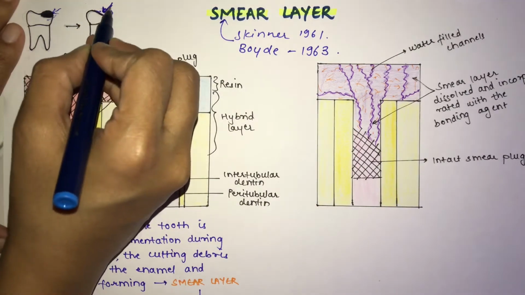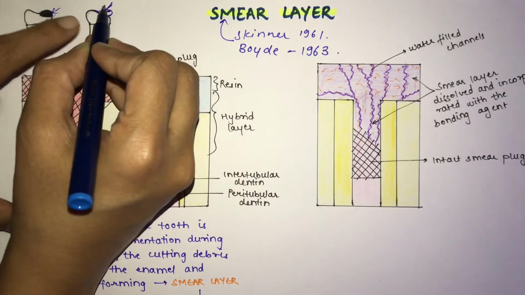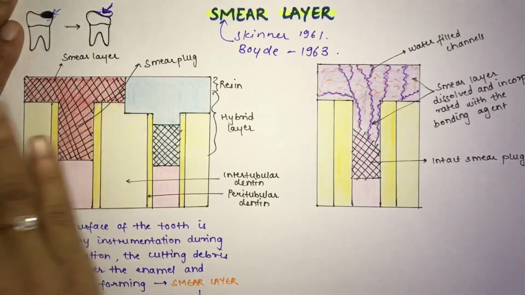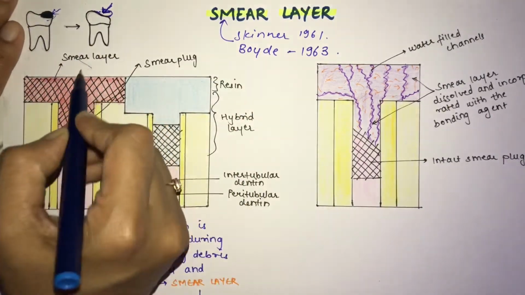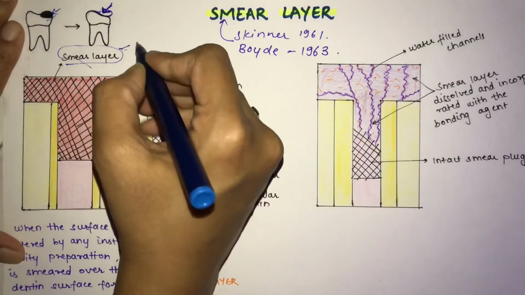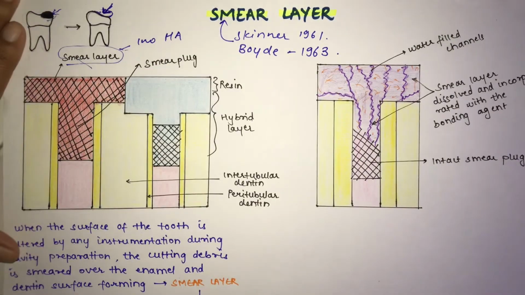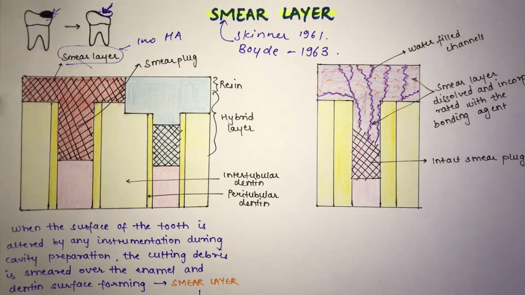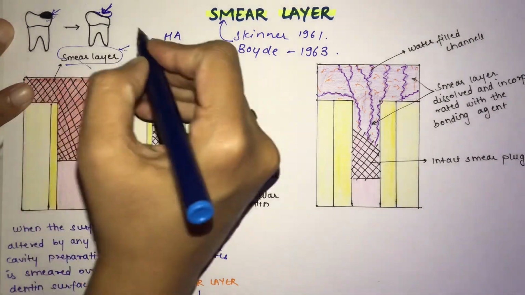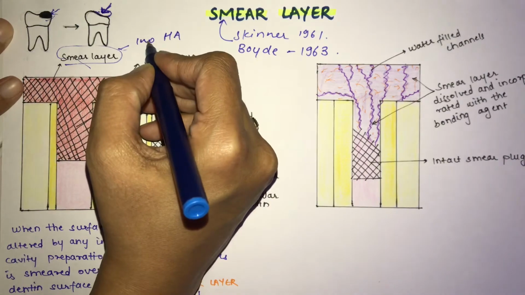Because you are cutting the tooth surface, the debris smeared over the enamel is your smear layer. As we know, the tooth structure consists of hydroxyapatite, so the smear layer also consists of inorganic hydroxyapatite crystals.